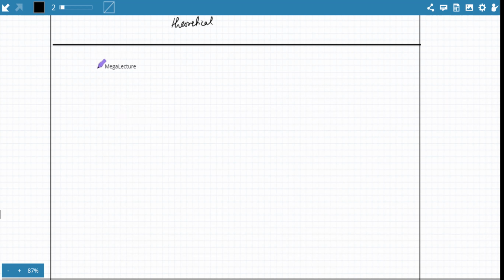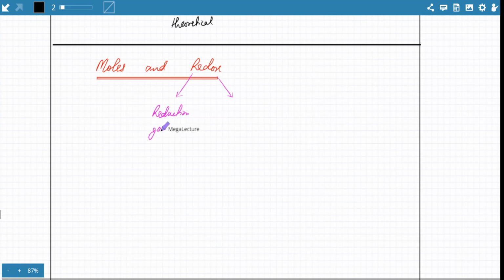The moles and redox. So the first thing is a quick recap of redox reactions. Redox is reduction and oxidation. Reduction is a gain of electrons.